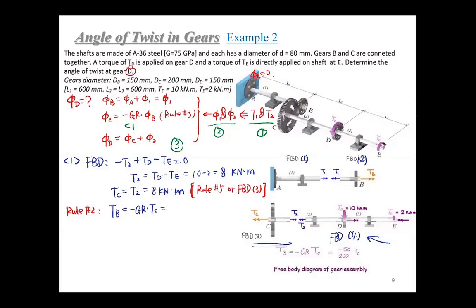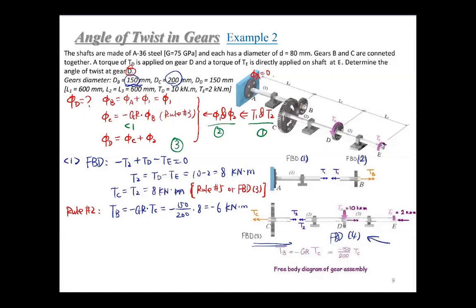If it's smaller than 1, we just get negative dB over dC. The dB is 150, the other one is 200. So negative 150 over 200 times TC, that is 8. It's 3/4 times 8, you get negative 6 kilonewton meter.